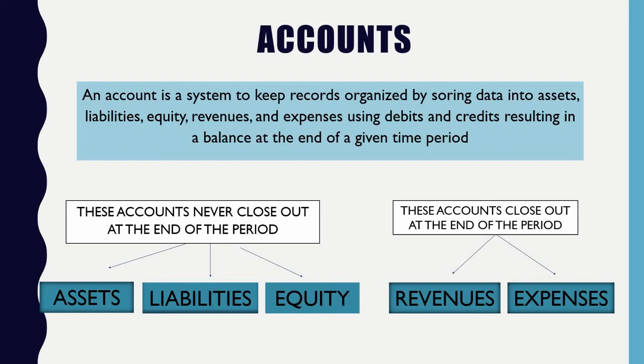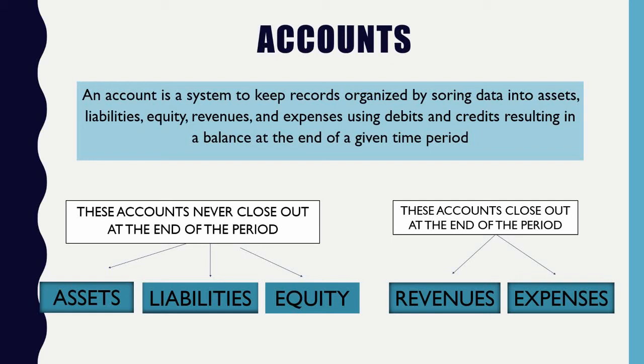Your equity is going to reflect the value of your company, and revenues or income is anything that you generate. And then of course expenses are any costs it takes for you to complete or do operations. So there are a total of 5 account types that you're going to use to categorize and sort out your transactions.